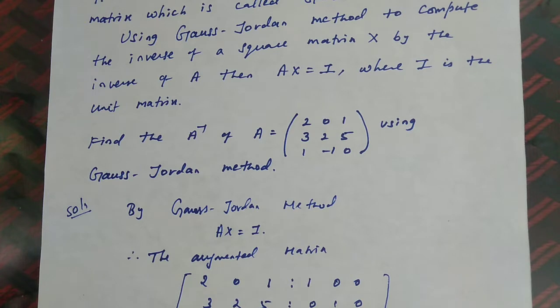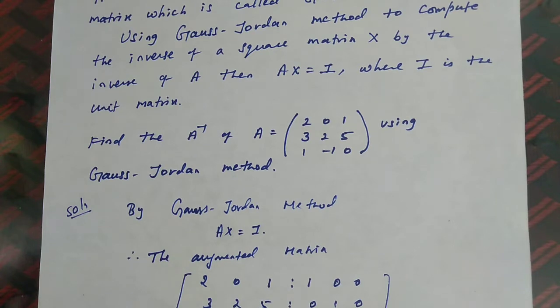In the second row and third row, the elements below the diagonal and above the diagonal are to be 0. So our aim is to make the below-diagonal and upper-diagonal elements 0. For that we are using row operations. In R2 we are multiplying by 2, so 2R2 minus 3R1.